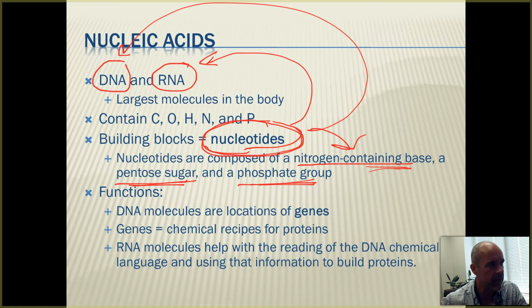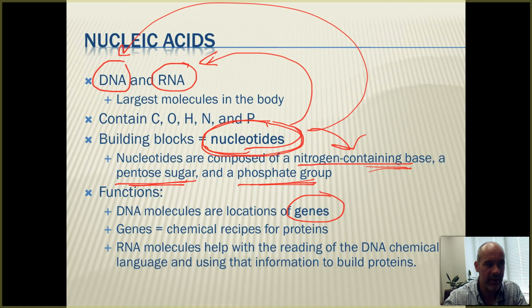I know there's lots of new terminology here as well. Functions: we're going to hear more about DNA and genes a little later as we move further into the semester, when we get to Unit 2. But DNA molecules are where your genes are located. So when you hear about genes, they really are just parts of organic molecules called DNA, which is pretty interesting.